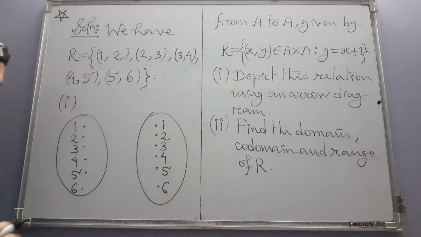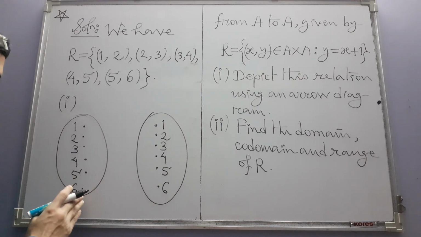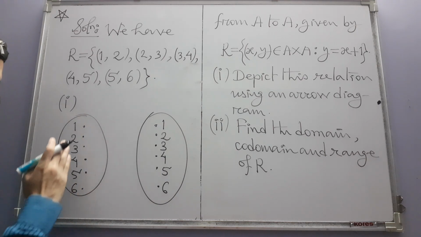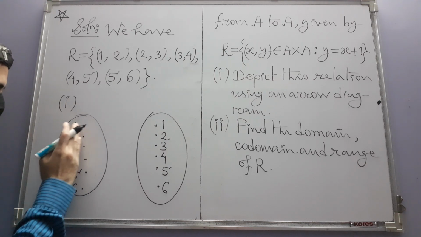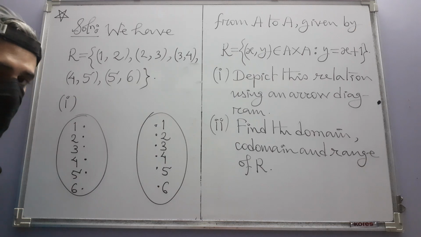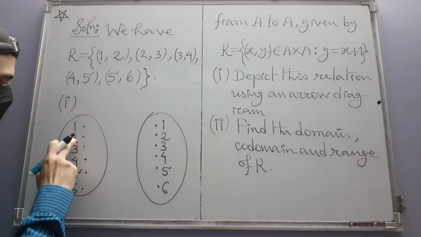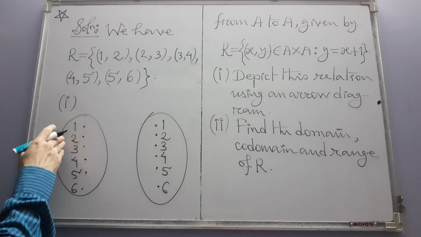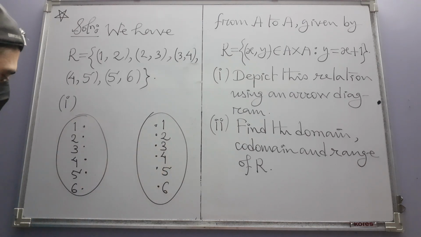And have you noticed one more thing? While writing the elements here, I have put the names on the left side. Here, however, I have put the names on the right side. That's because I do not want these numbers to come in the way of the arrows. Not here, not there. That's why.